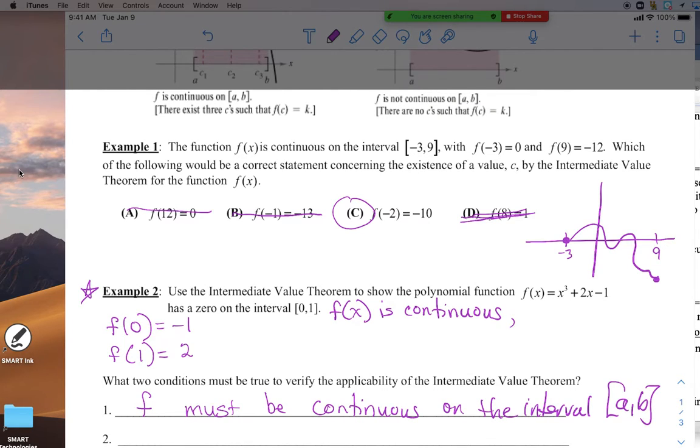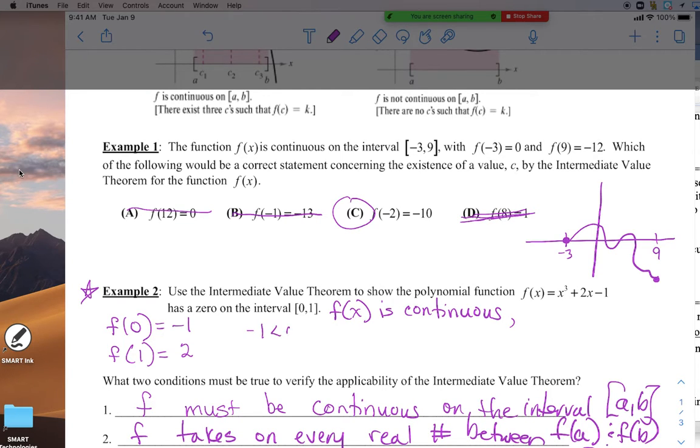The other thing we need to state is that f takes on every real number between f of A and f of B. So 0 is between negative 1 and 2.